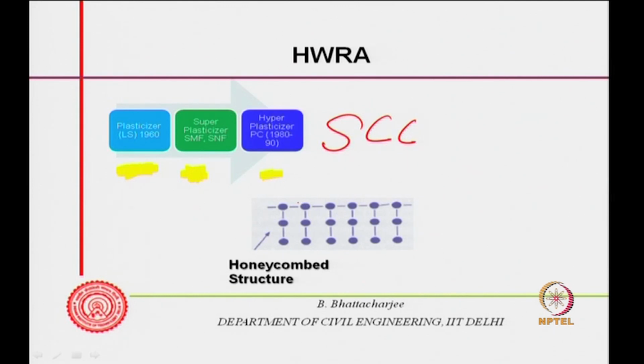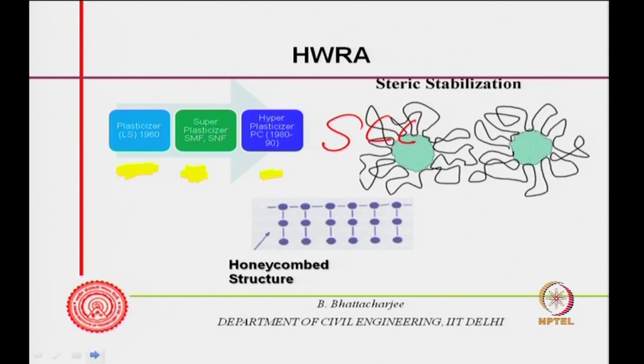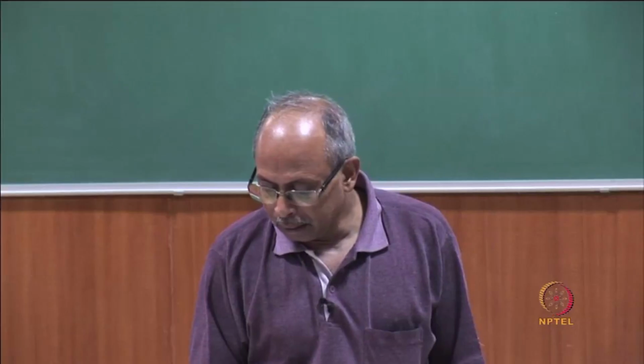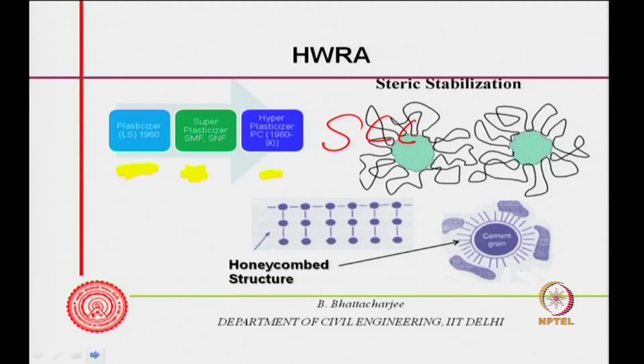So, this is the honeycomb structure, and we know that because of the steric stabilization, it could disperse the cement grains more, and that is what resulted in this kind of concrete, that is self compacting concrete.